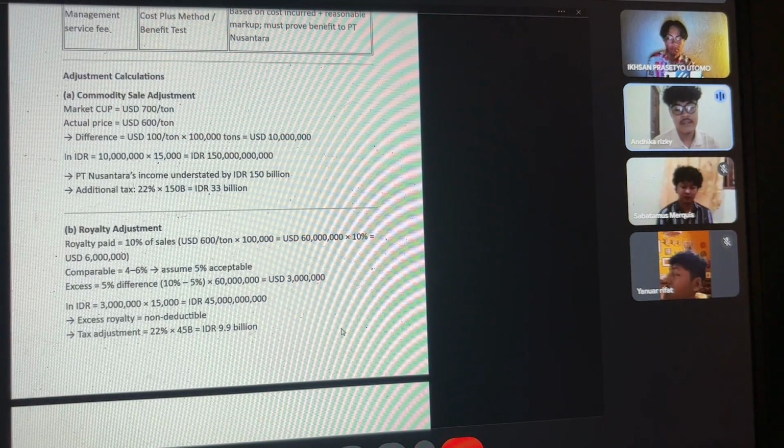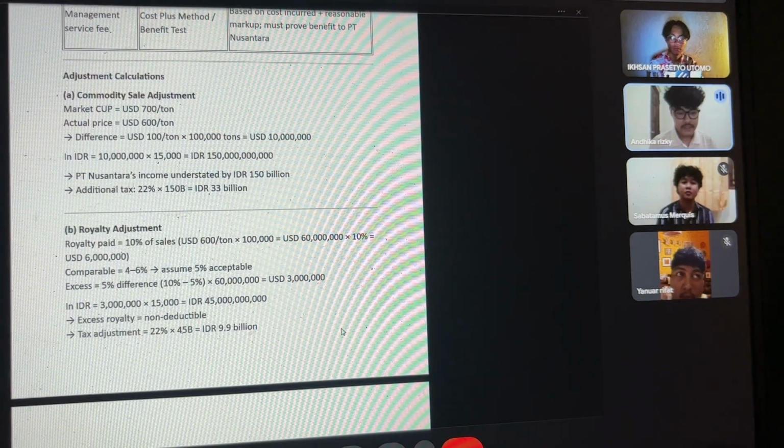The market price is $700 per ton. The actual price is $600 per ton. The difference is $100 per ton times 100,000 tons, which roughly equals $10 million.